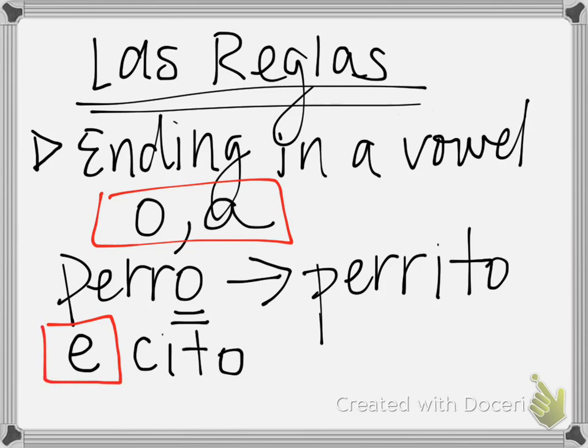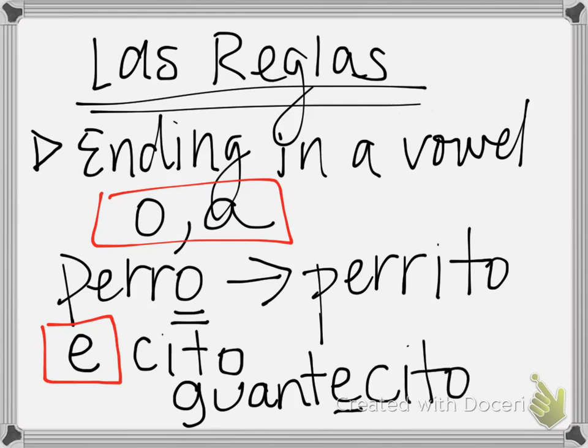The example in front of you is guante, or a glove, one of your new vocab words. Because it ends in an E, all we need to do is add cito. Be careful, because this word happens to be masculine and singular, so it will take cito, but we can also have citas, citos, or citas, depending on if the word is masculine, feminine, singular, or plural. So we would say guantecitos if it were little gloves.